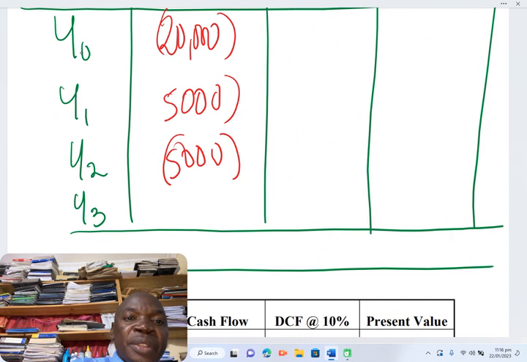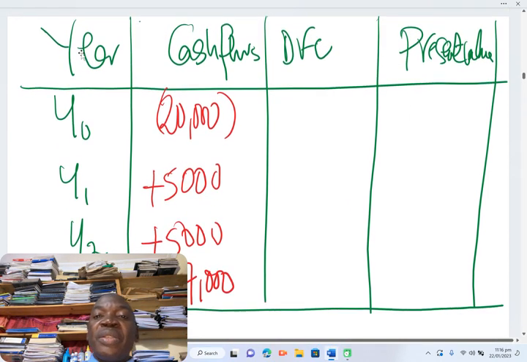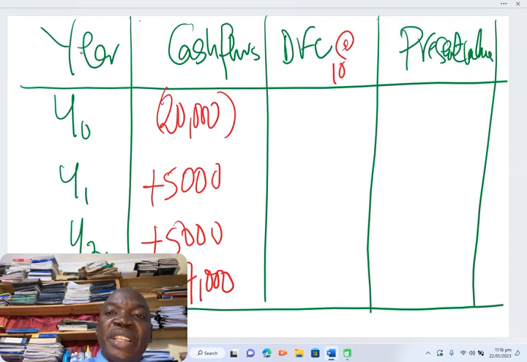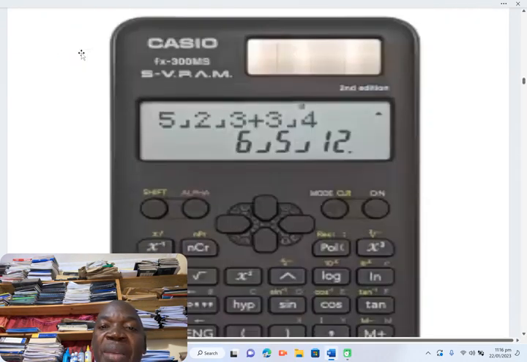Sorry, these are the cash inflows. Because cash inflows are positive, we have positive 17. Now the discount rate is 10%. To get the figures for the discounting rate, you can use a calculator, and I'll show you how to use a calculator somewhere.